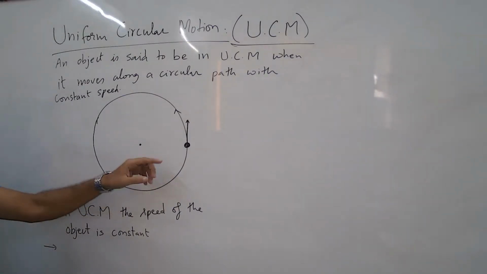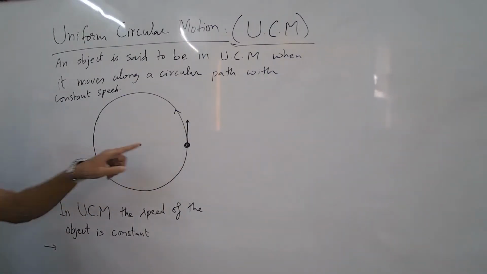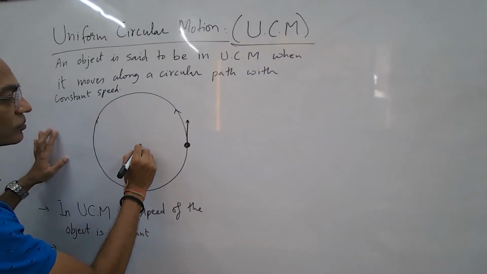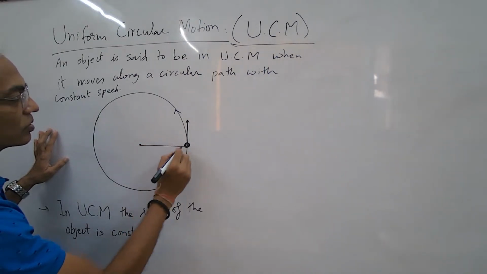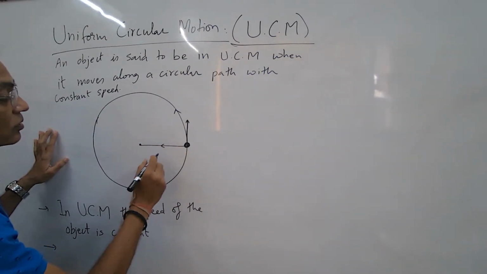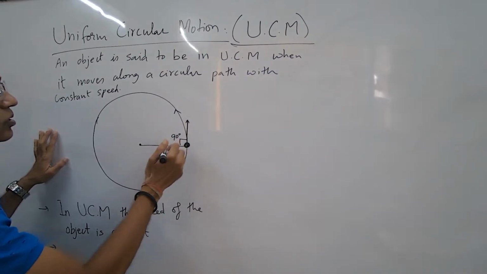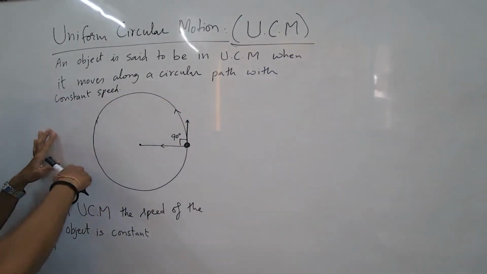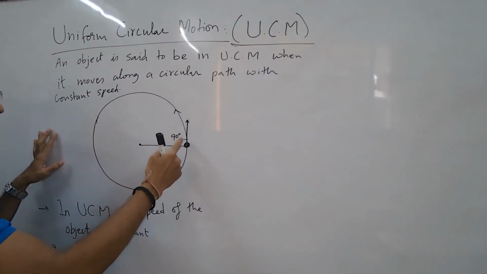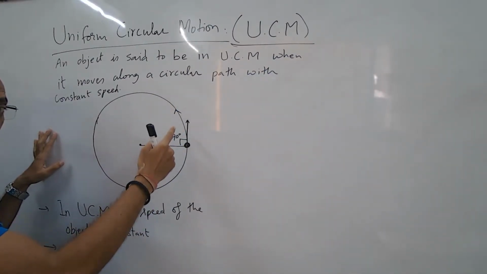So tangent is perpendicular to the radius. So this is the radius, and this angle is 90 degrees. If the motion is anti-clockwise, the direction of the object is along the tangent all the time.